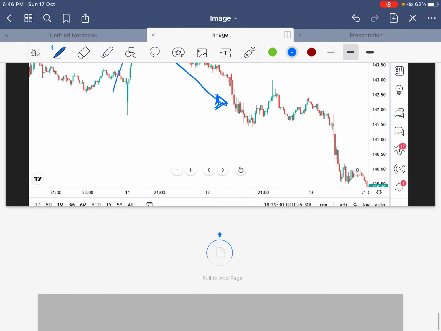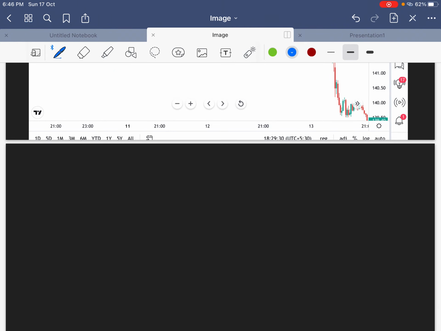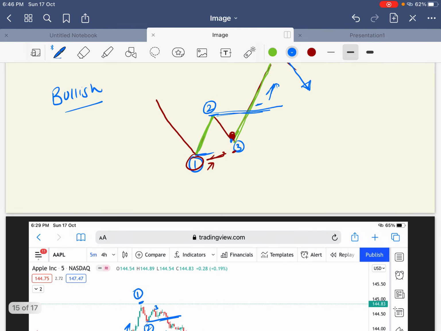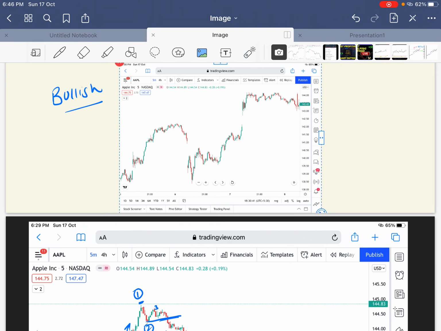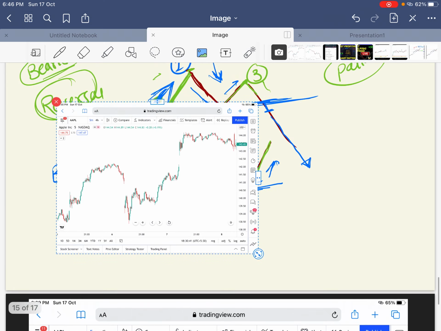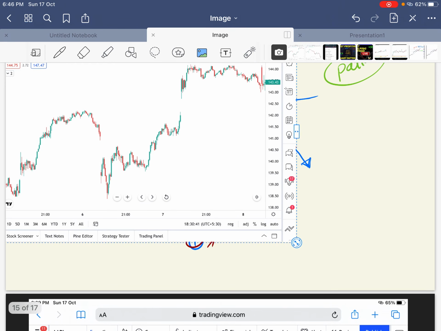So let me just take another example in case of a bullish trend. Yes, you can take an example from this screenshot.